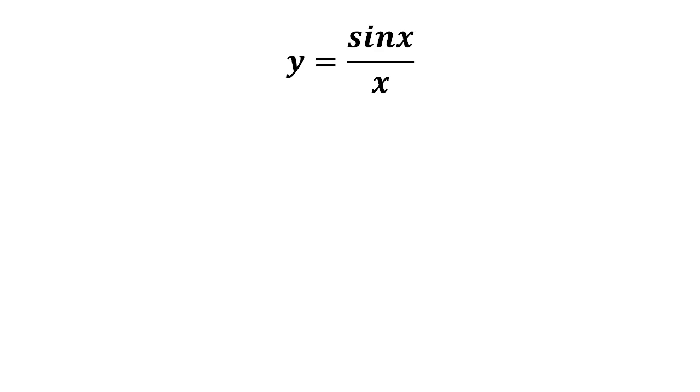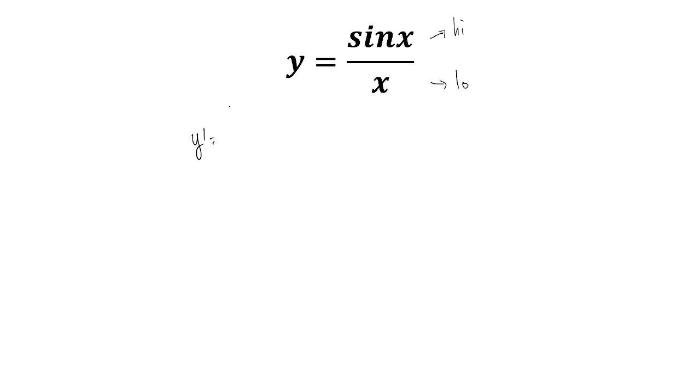Y is equal to sine x over x. Take note that this is in quotient. Sine x as your numerator and x as your denominator. We can cancel out both x's. Okay. I'll be sad if you will going to cancel both x's. So that's the high and that's the low.